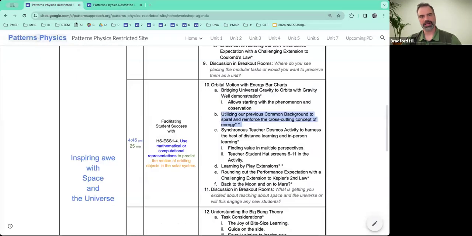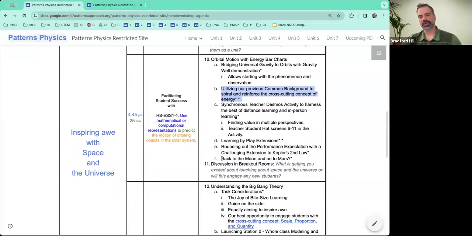Excellent. So let's hop back. Here's another chance to connect with your colleagues, process this, and talk a little bit about it. There wasn't anything in the idea capture tool, and no need to, but if you do have a question, we'll try to answer that. But here is the prompt: what's getting you excited about space and the universe?